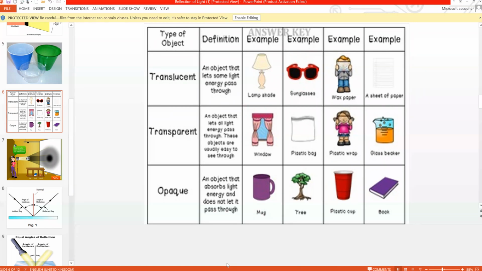Then opaque objects form very dark shadows, because they block light completely. They do not allow any light to pass through them. Hence we can see dark shadows formed when light is focused on opaque objects.